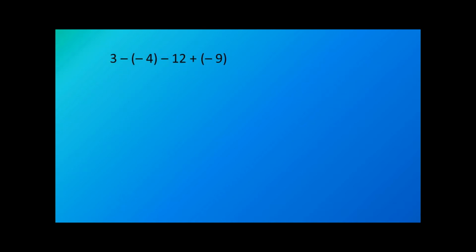Next, 3 minus -4 minus 12 plus -9. Okay, the 3 is a positive. The minus -4 is a positive. That's the double negative. The minus 12 is a negative, and the minus 9 is a negative. So we add the positives.